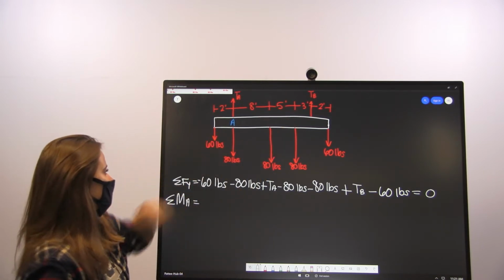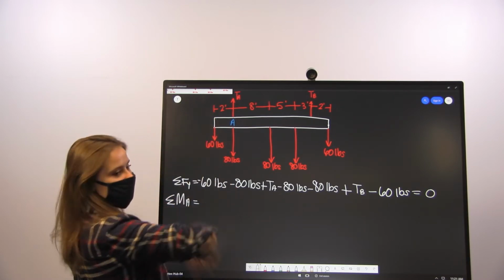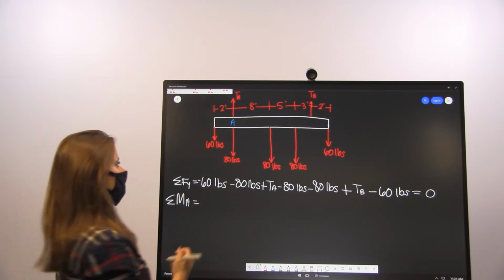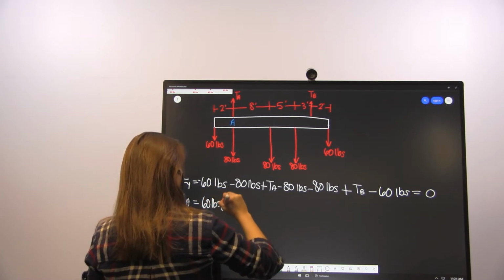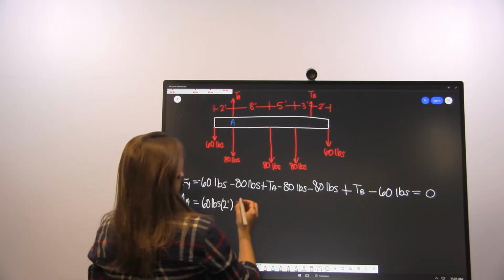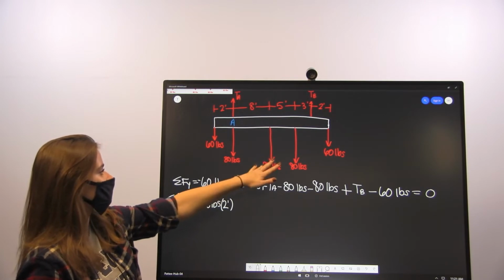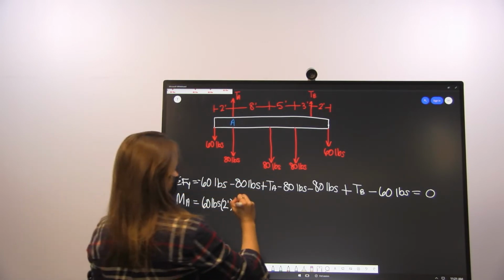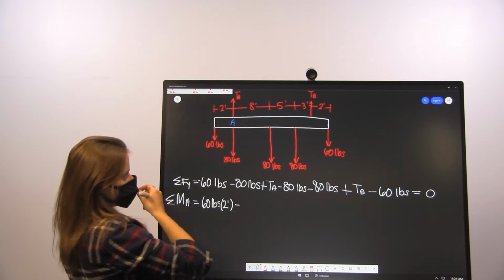So we're going to start with this 60 pounds, and this is going to create a counterclockwise rotation, so it's going to be positive. So that's going to be 60 pounds times 2 feet, because it's 2 feet away from A. And then we're not going to have any other forces create a moment until this other 80 pounds. And that's going to create a moment in the clockwise direction. So when it's creating a moment in the clockwise, it's negative.